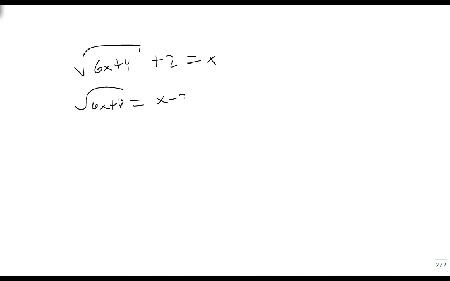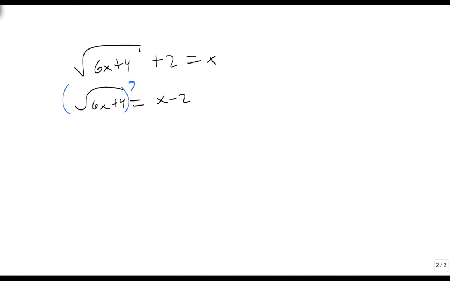Let's show another example. Suppose I have the square root of 6x plus 4 plus 2 equals x. Well, whenever you have only one radical, you always want to get that radical by itself, so we'll subtract 2. And we square both sides, so that's a minus 2 squared.